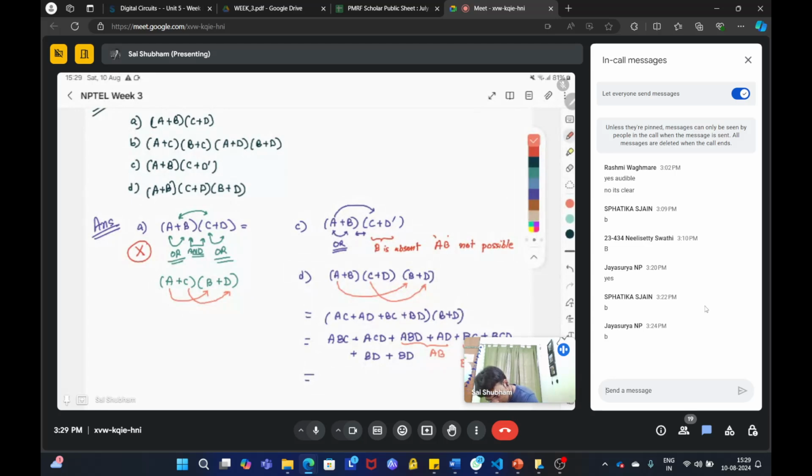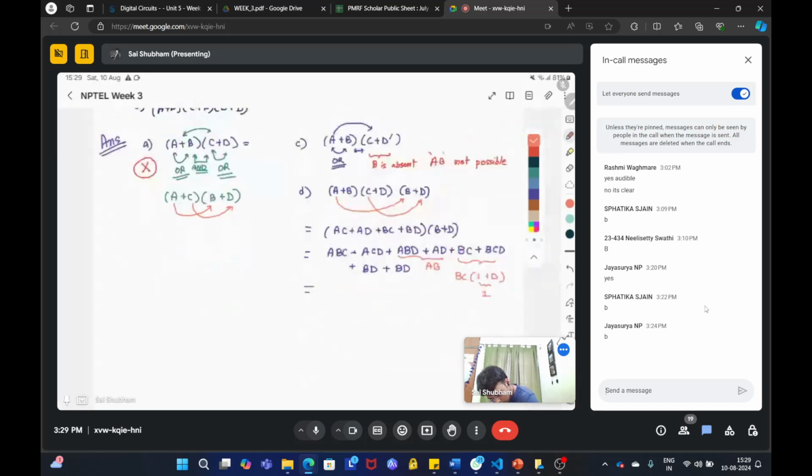So it will simplify as ABC plus ACD plus BD plus AB plus BC. Okay.